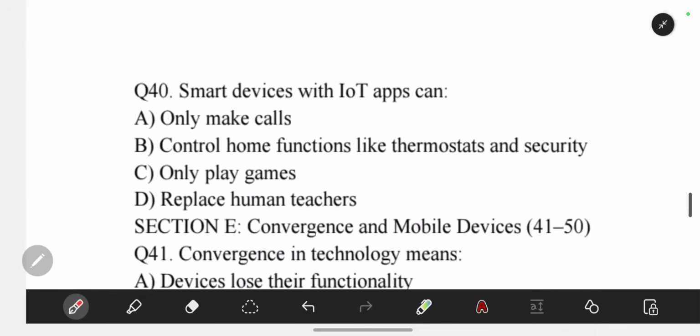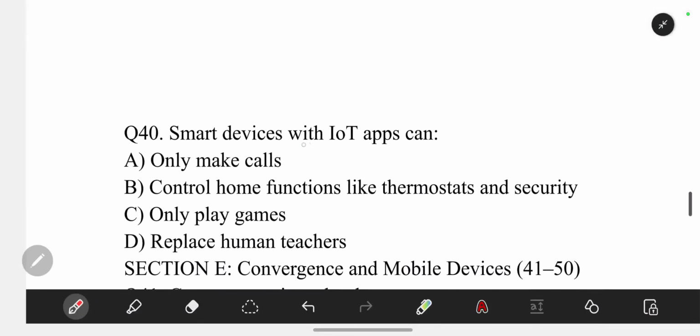Then number 40 says that smart devices with IoT apps can be able to remember. So we are still going back to the same things. They can control home functions, just as we talked about, like thermostats. In maintaining the temperature, that's where the thermostats will work.